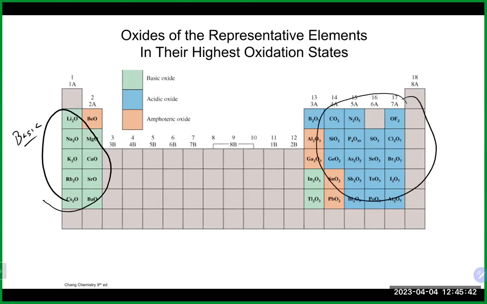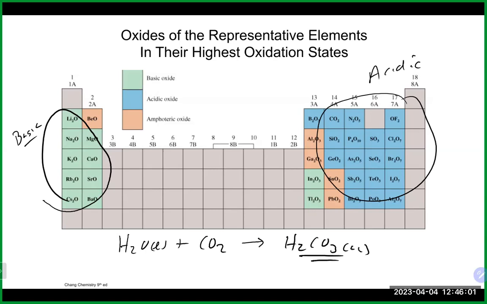All these kind of bluish guys over here, these are our acidic oxides, which means if you react them with water, you will get an acid. Like if you took water plus some CO2, that makes some carbonic acid. So that's an example of that.